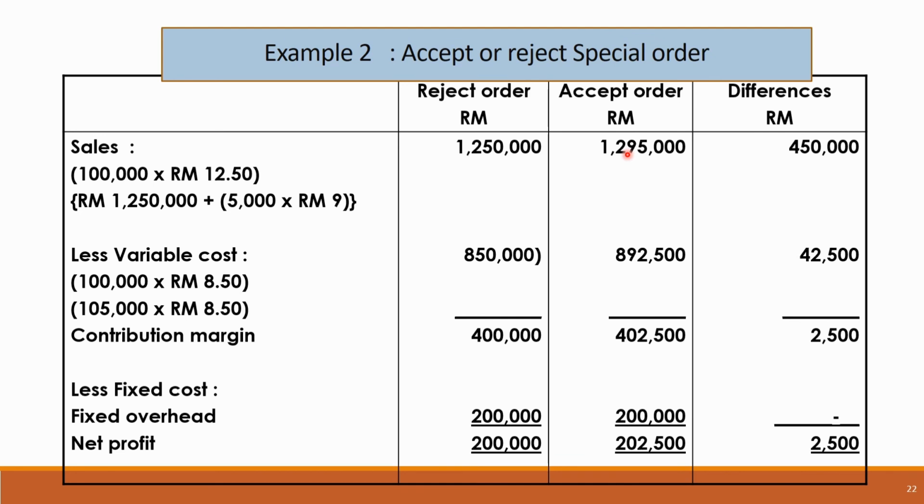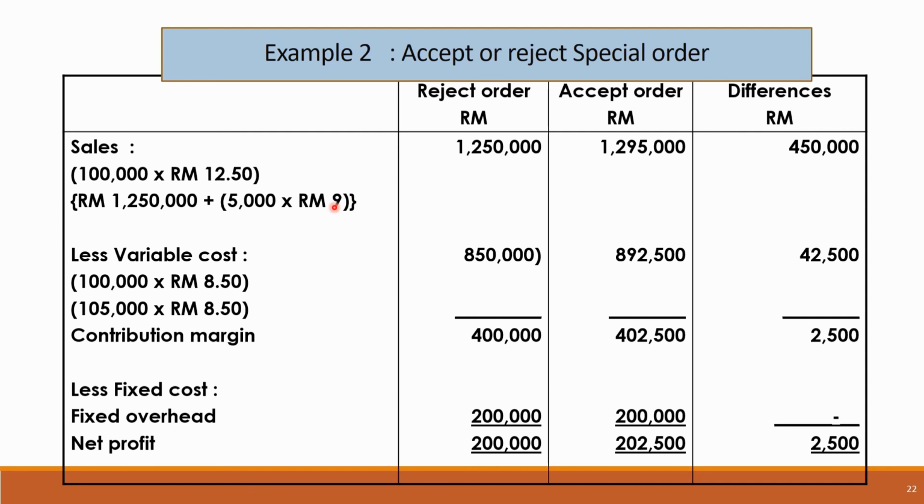So for the 100,000 units, you got 1,250,000, plus 5,000 extra units that we want to produce times RM9. This is the special price given by the customer.